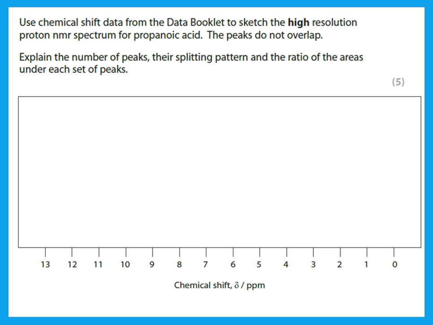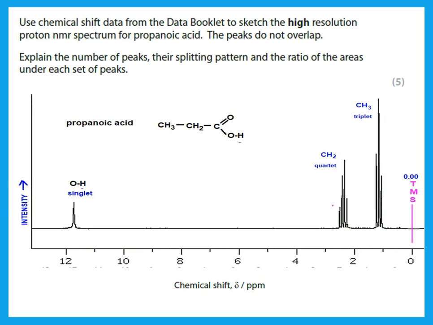Another question says use chemical shift data to sketch the high resolution proton NMR of propanoic acid. So he's telling you to draw the proton NMR of propanoic acid. So let's take a look at this. Propanoic acid, first of all, will have 3 different types of hydrogens.